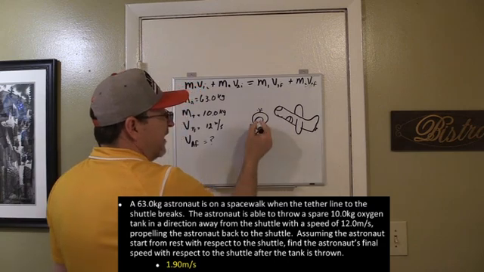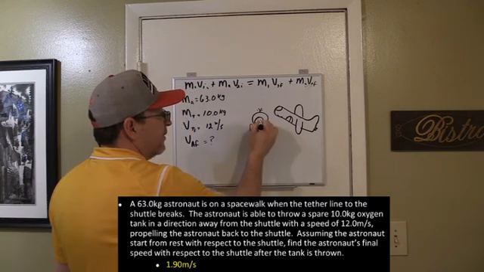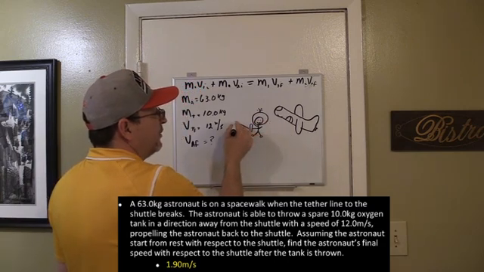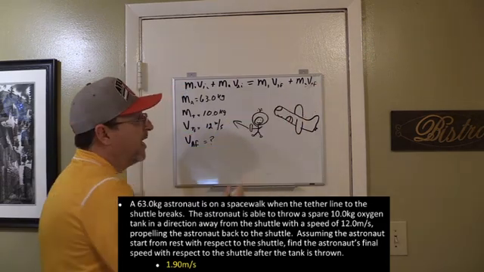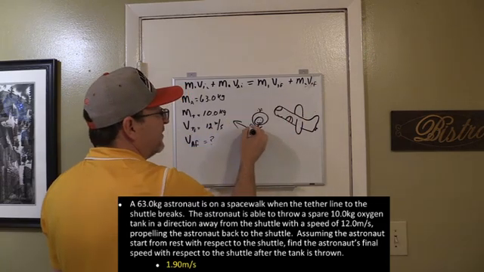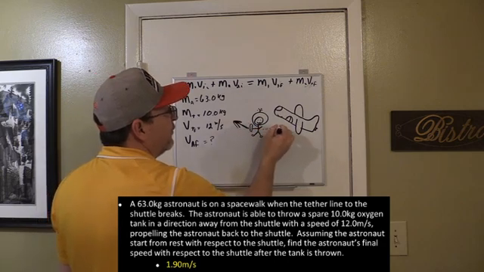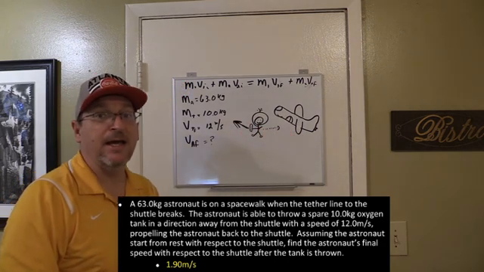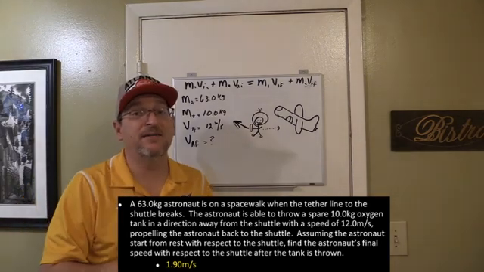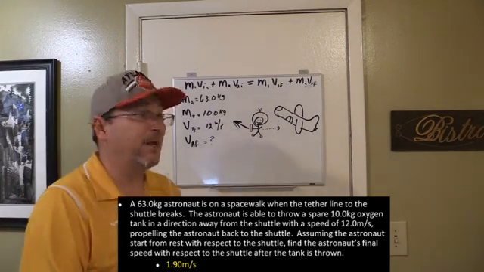Then what happens is the astronaut throws the tank out, away. And because he threw it in this direction, the astronaut is going to move in that direction, okay? So we've got to make sure we get our positives and negatives in the right places.